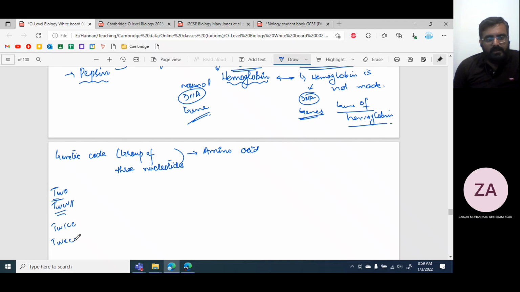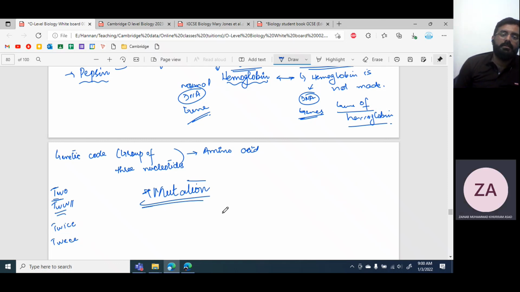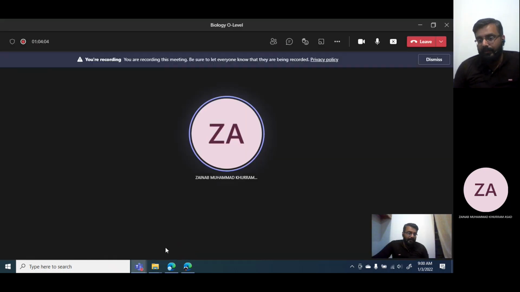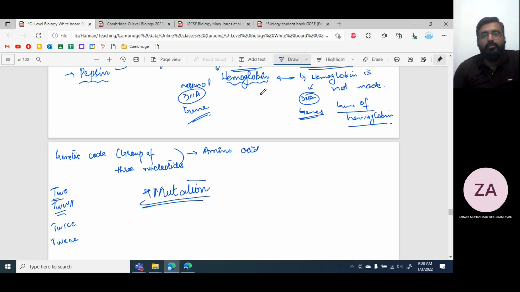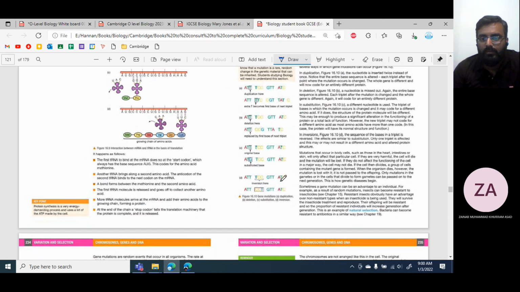Someone writes TWECE. What is this? I cannot translate on my own. Same thing happens in mutation. If something is changing, that is mutation. That can be good or that can be bad. We will be discussing in detail, inshallah, tomorrow.